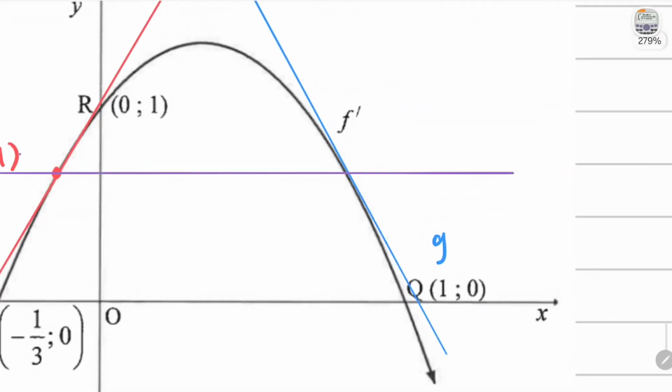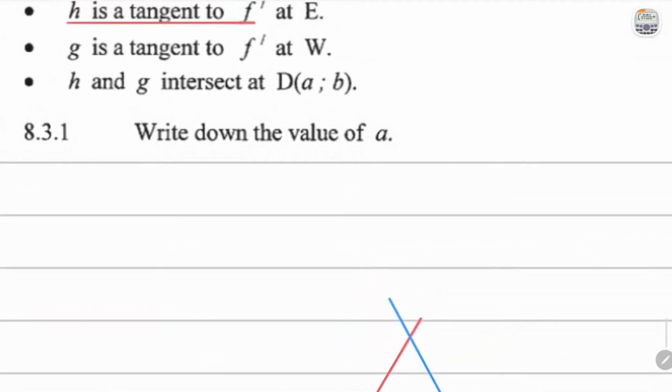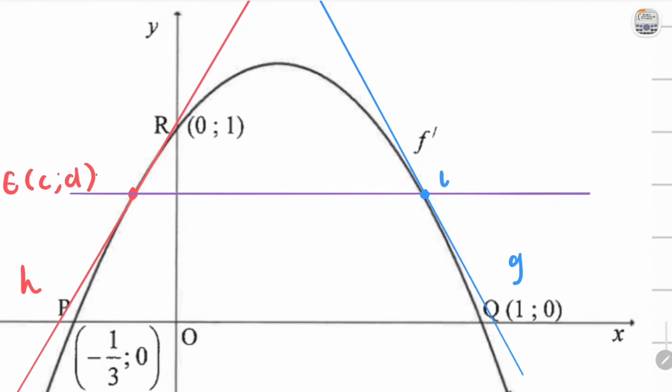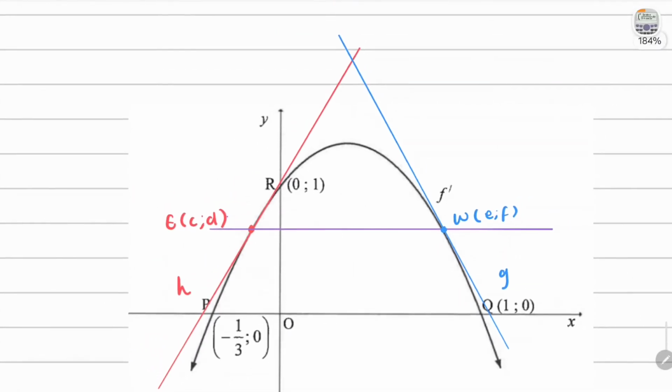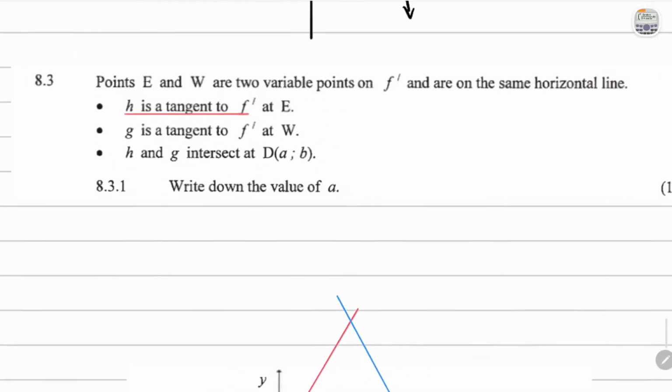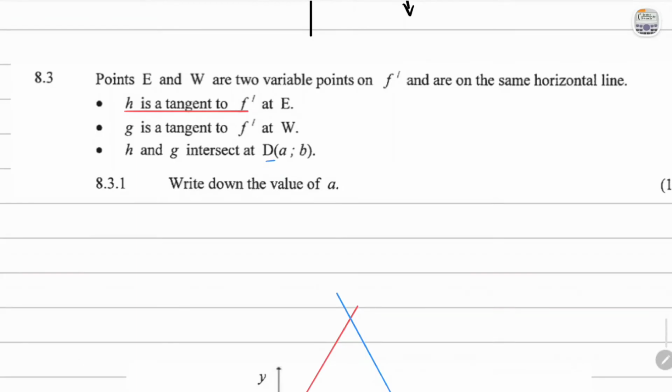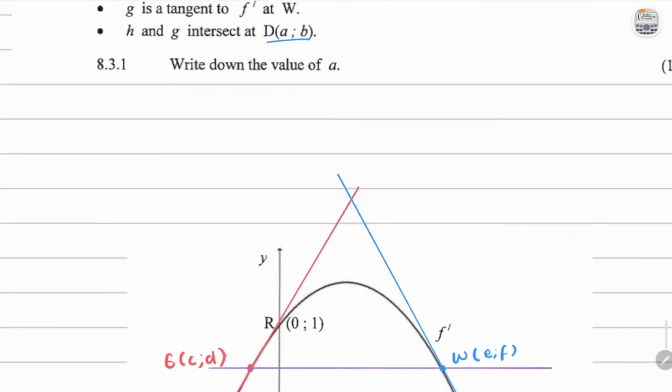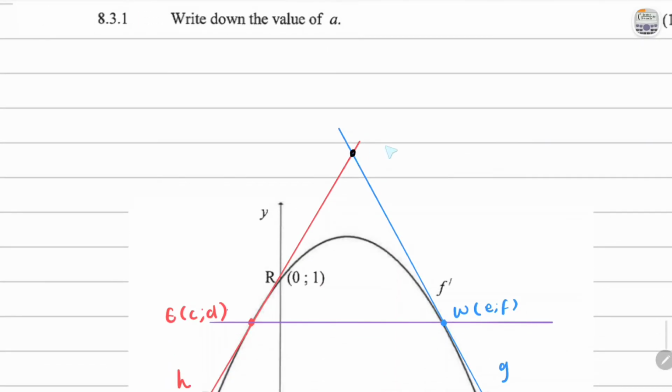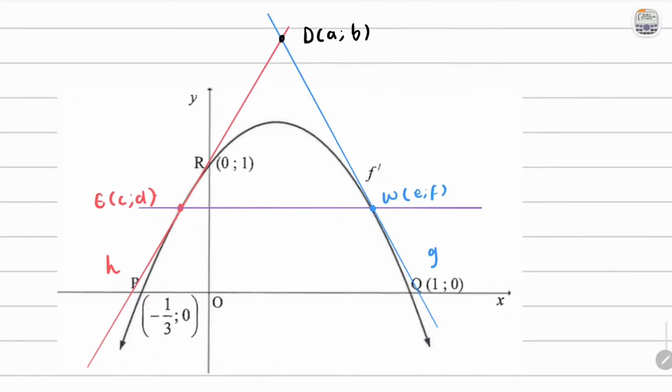Okay, so it intersects here and we can just call that point W. Okay, so we just put these down so we can see what's going on. We can call the coordinates E and F. Okay, so this is what's happening. And then these two tangents intersect at this point D. And they just want us to tell them what exactly is A, the X coordinate of this point of intersection.